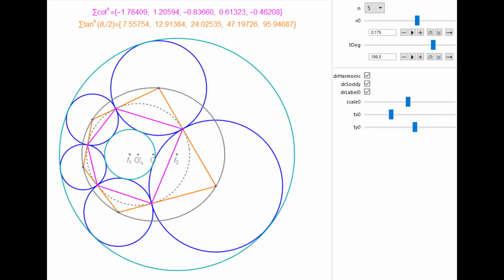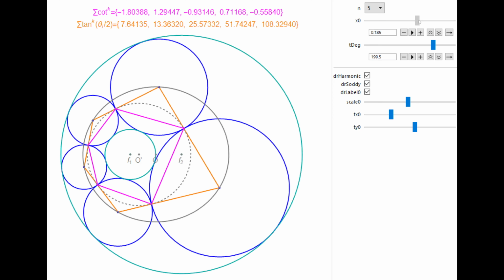Or I can also say it this way: if the circumcenter O prime of the magenta family lies in the interior of the inner Soddy circle, everything behaves as we're seeing here. I'm going to vary that a little bit.